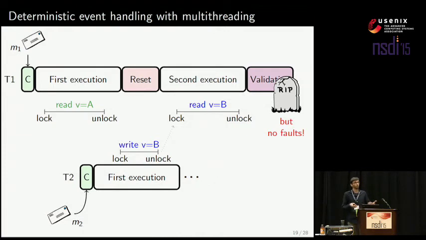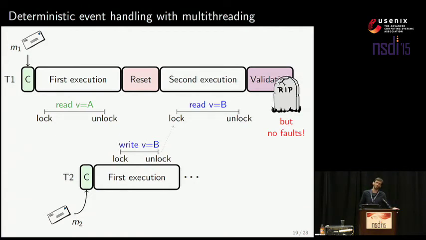But if we have multiple threads sharing variables, then a thread 1 could, for example, read a value A, and then a thread 2 could interleave with this thread, overwrite that value with a B, and then in the second execution in thread 1, it would read another value B, and now it would crash in the validation, although no fault actually happened. To cope with that, what we do is to employ a two-phase locking algorithm.